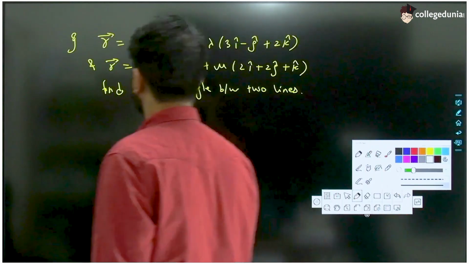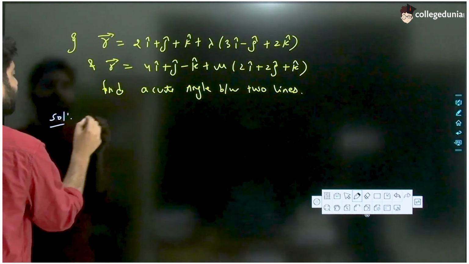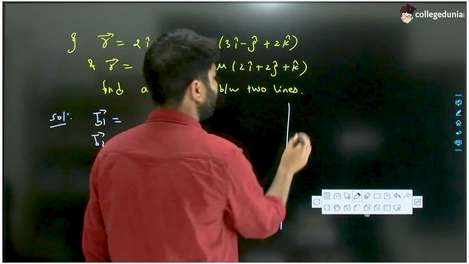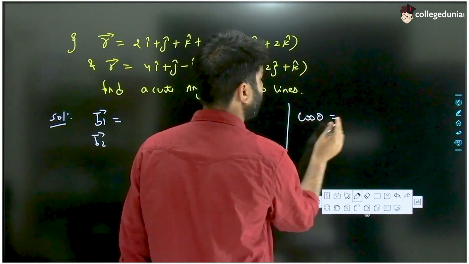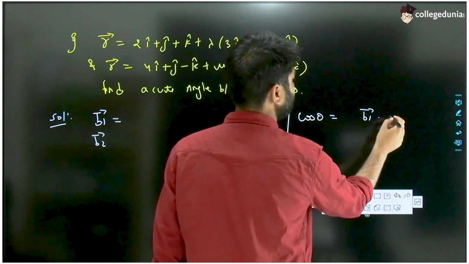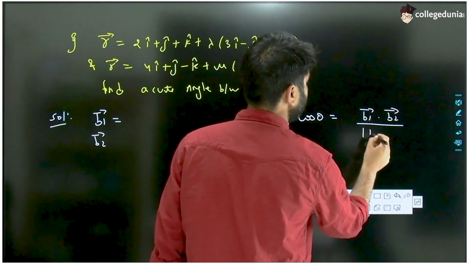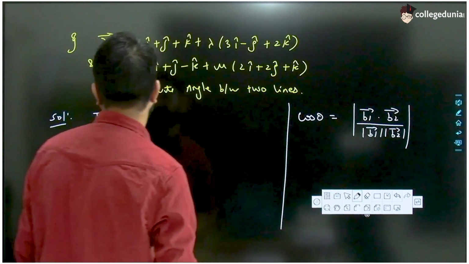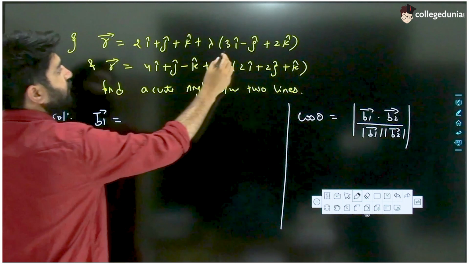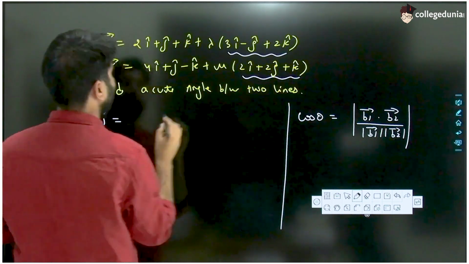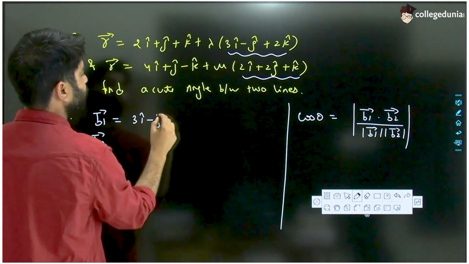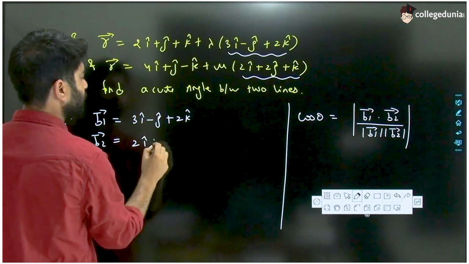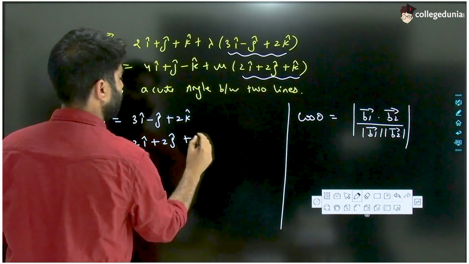So for that, first of all, we need to identify vector b1 and vector b2, because for finding the angle we have the formula cos theta equal to the dot product of b1 and b2 divided by their magnitudes, with the modulus sign on the right hand side. So this is b1 vector, 3i minus j plus 2k, and this is b2 vector, 2i plus 2j plus k.